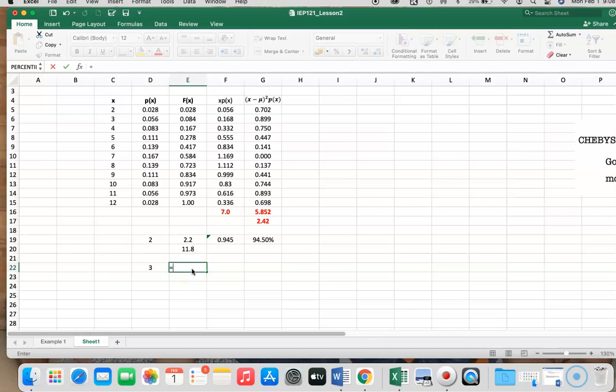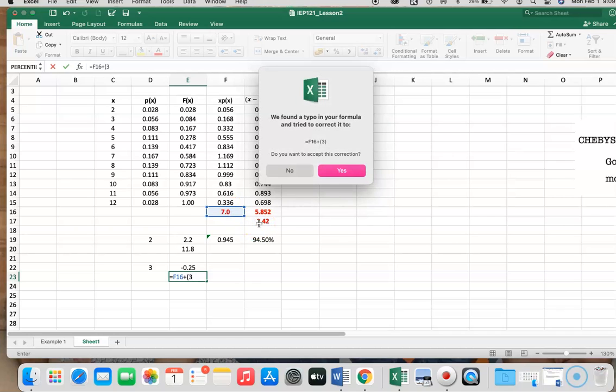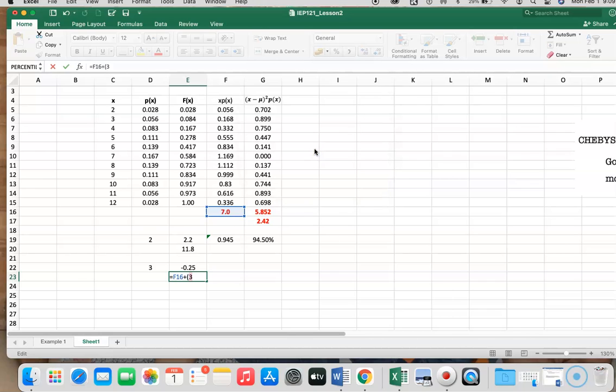The mean minus 3 times the standard deviation, and the mean plus 3 times the standard deviation. Approximately, the lower bound is negative 0.25, and then we compute the mean plus 3 times the standard deviation.